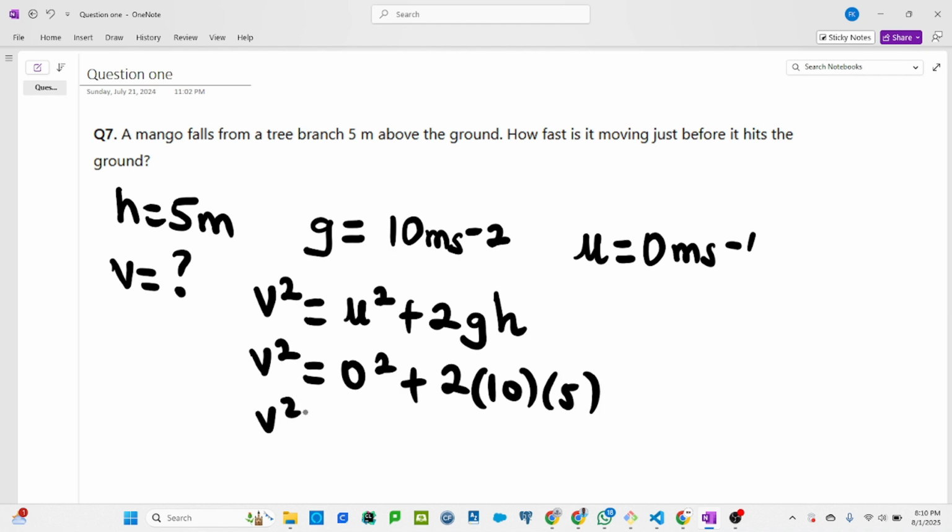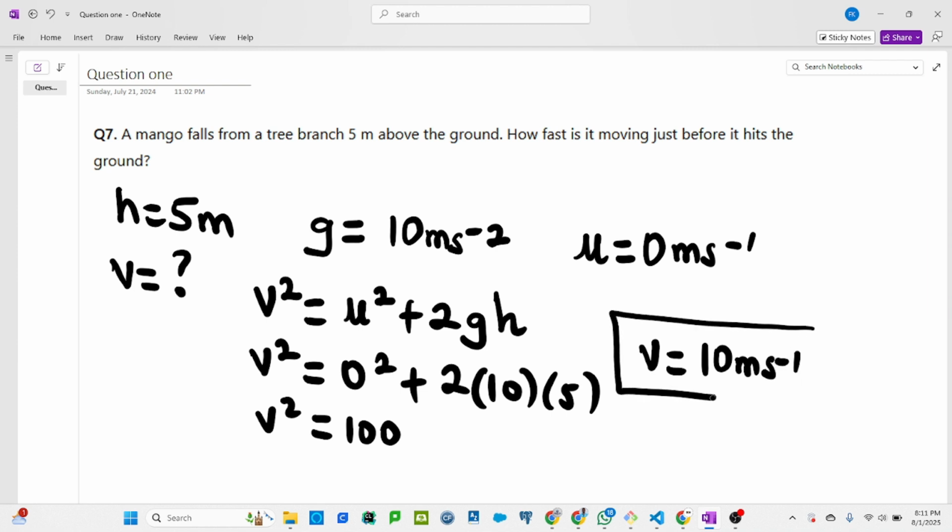So v squared equals 100. So v is equal to what? Is that correct? Yes, please. Good.